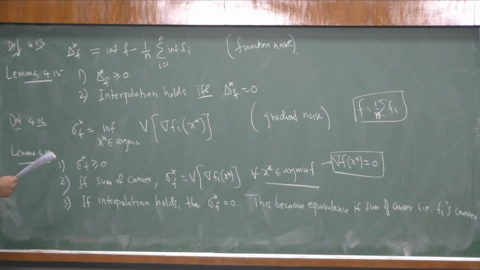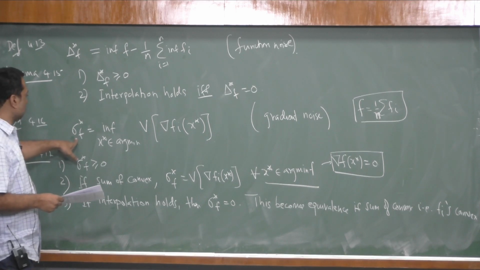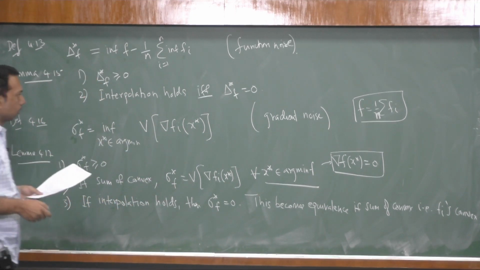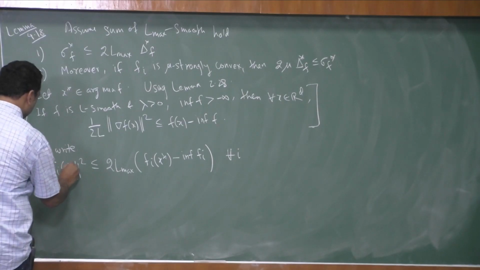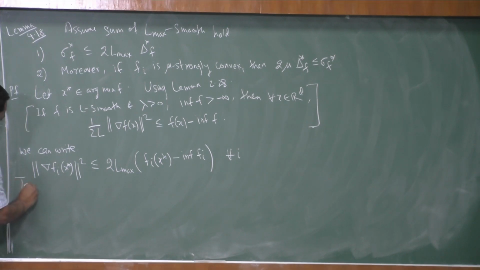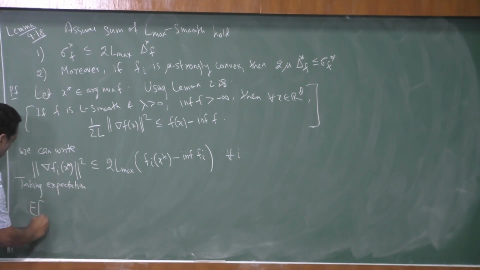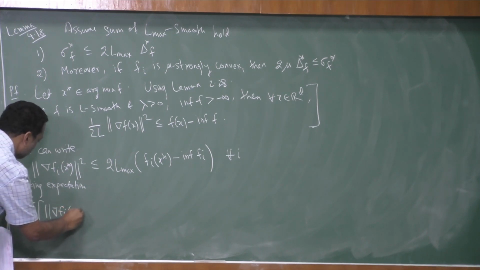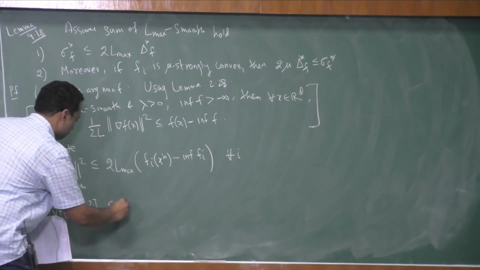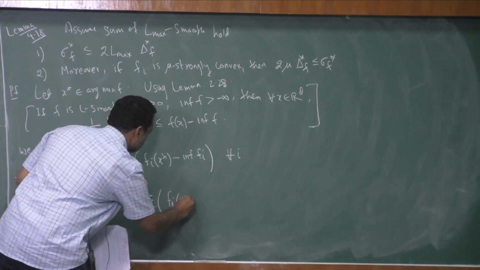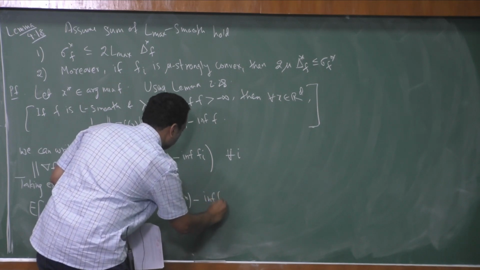So if we take the expectation, then we have expectation of norm of grad fi(x star) less than or equal to 2 L max, and then expectation of fi(x star) minus infimum fi.